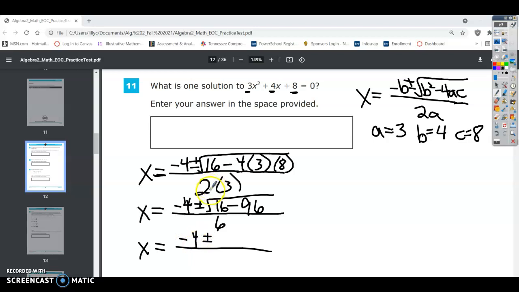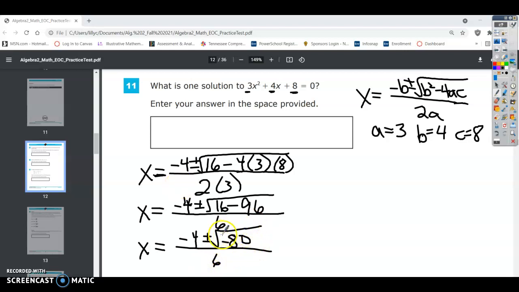Now we're going to do 16 minus 96, which gives us negative 80. Alright, so this equals negative 80. That's still all over 6.